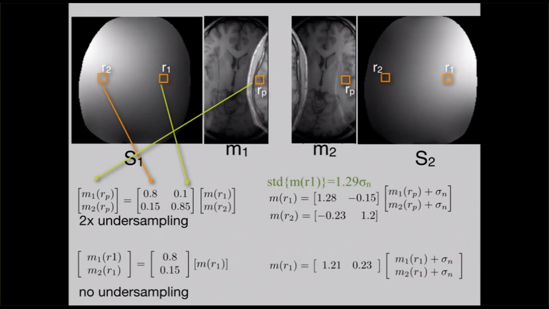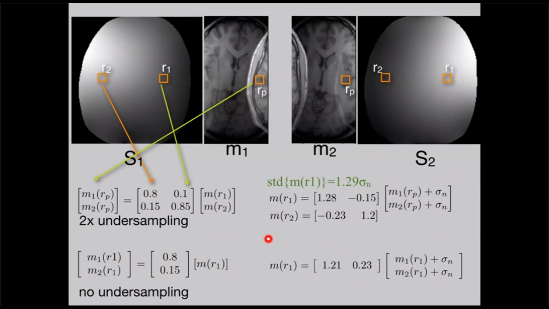So in that case, if there's no undersampling, then my equation is the following: 0.8 times MR1 will give me M1 at R1, and 0.15 times MR1 will give me M2 at R2, right? So for pixel MR1, it's just a 2x1 now.